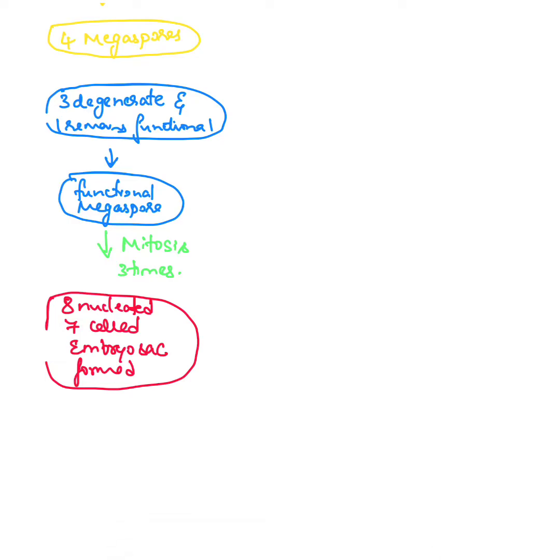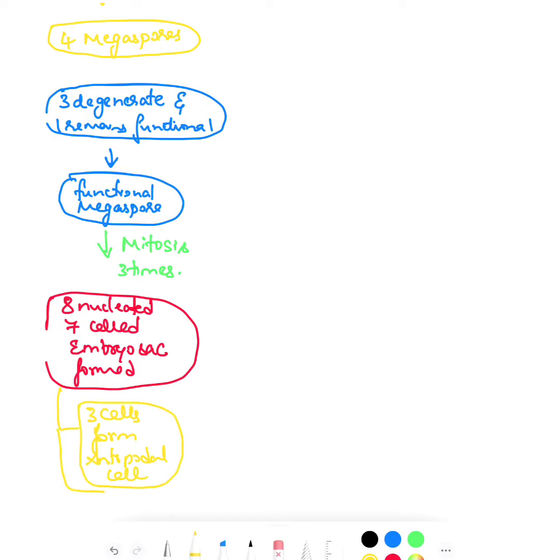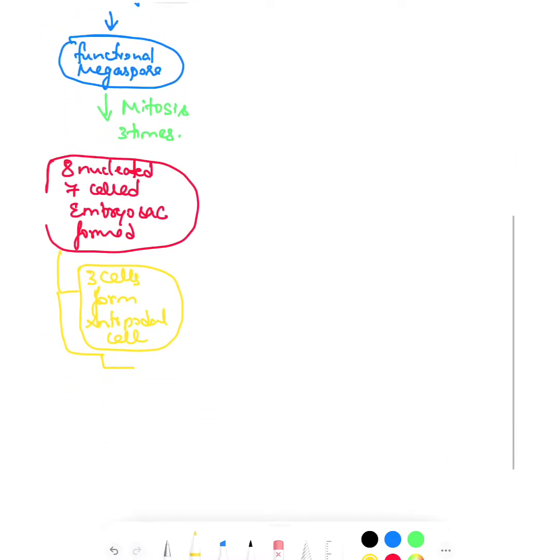So now again we have to see what happens. Here, 3 cells will form antipodal cells. Next, 2 polar nuclei at the center.